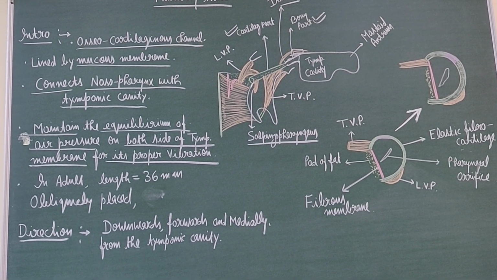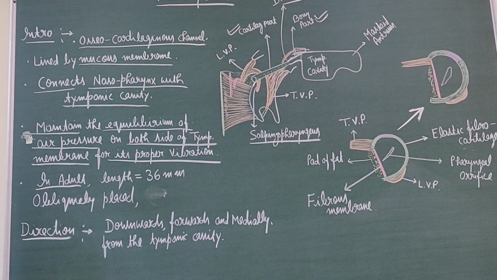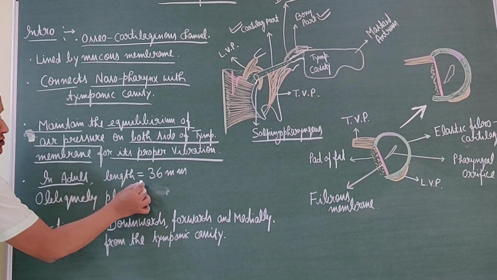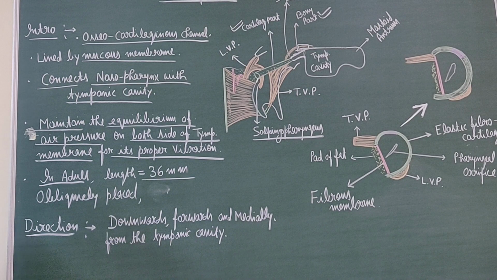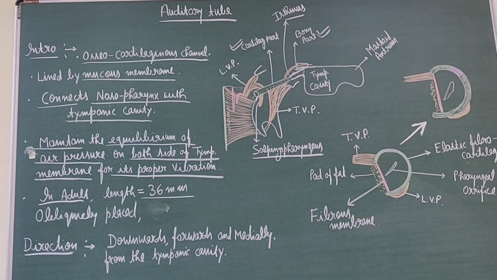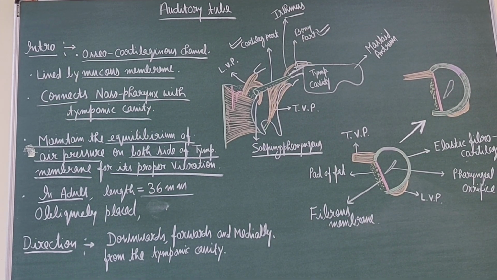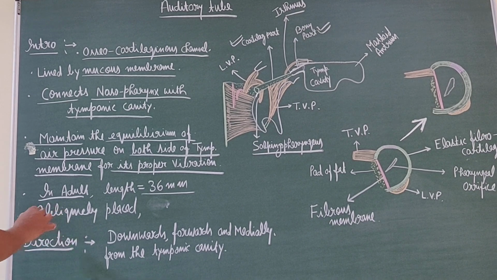In adults, this auditory tube is about 36 mm in length and it is obliquely placed.